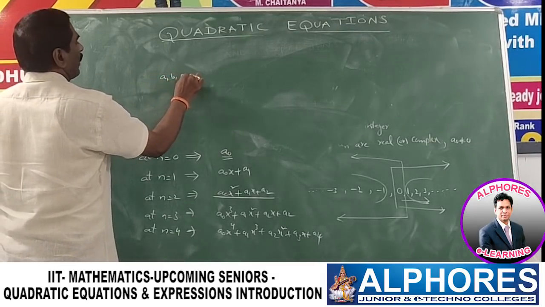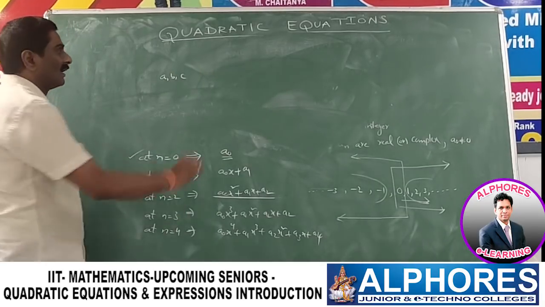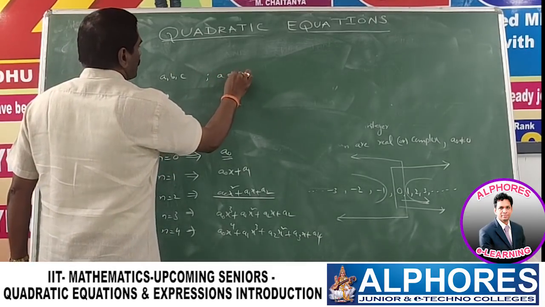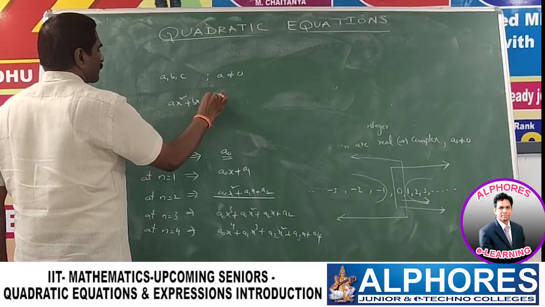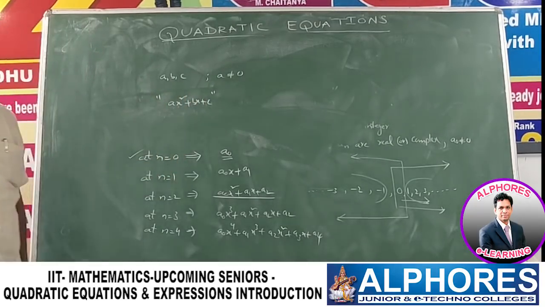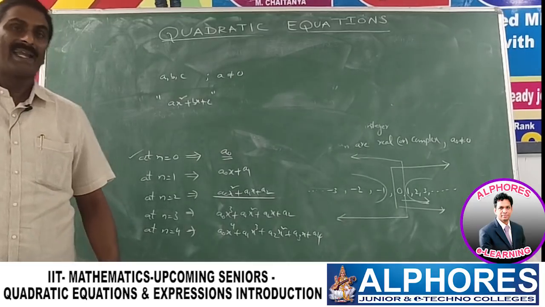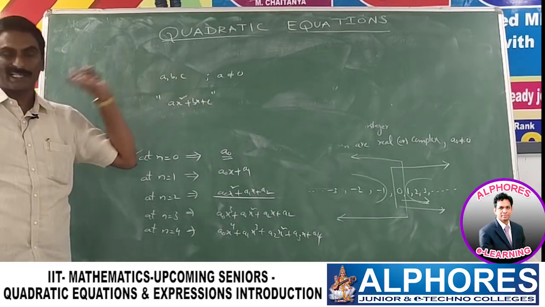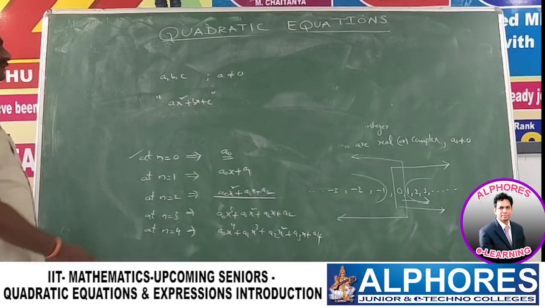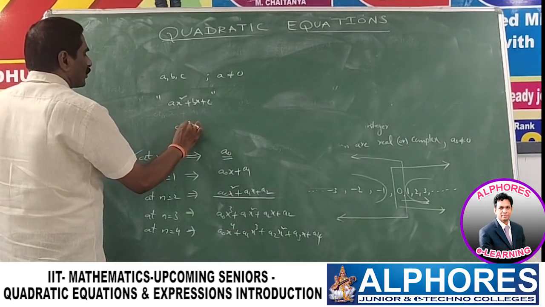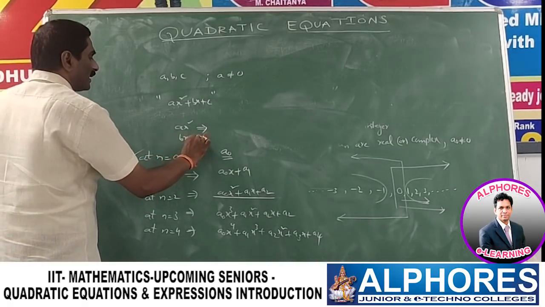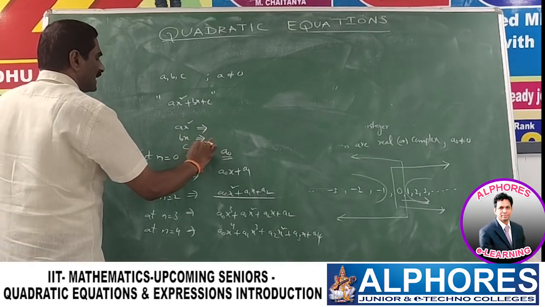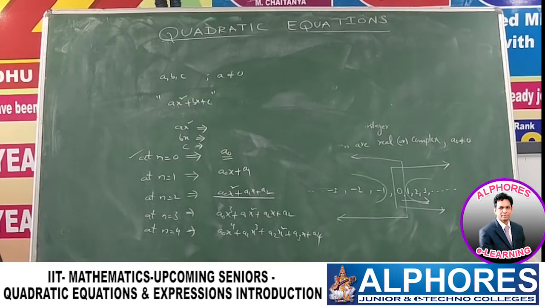Suppose a, b, c are real or complex numbers and a is not equal to 0, then the expression ax square plus bx plus c is said to be a quadratic expression. It is the standard form of the quadratic expression. Here ax square is said to be quadratic term and bx is said to be linear term and c is said to be a constant term.